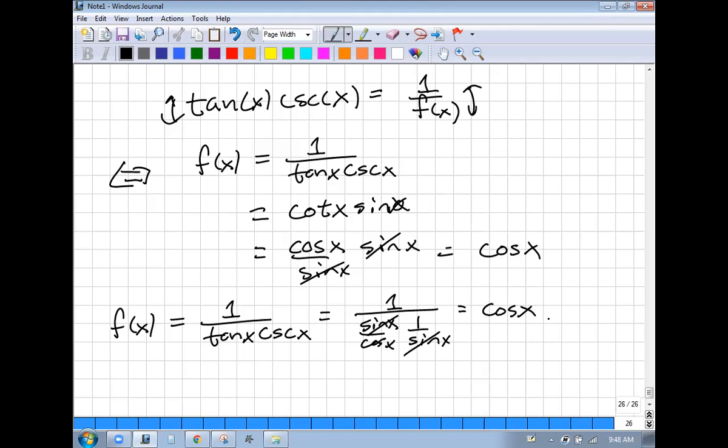Could do it like that. But any which way you want to do it. I think the first step is, a lot of people don't think you can just take the reciprocal of both sides of an equation, right? But I mean, you can kind of see it. You move this over here, and then you move this down here. Boop. Yeah, that first step's critical.